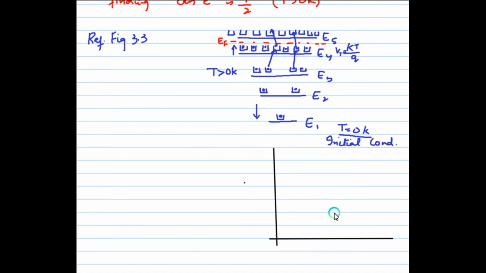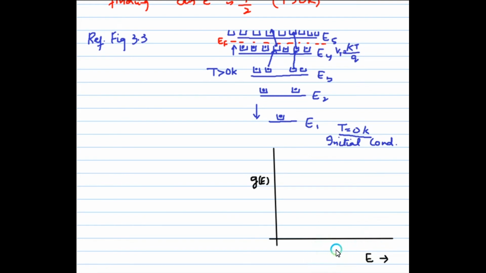If we plot energy E and G of E like this, or if you do it in the reverse way, that is, we take G of E along Y and energy E along this.